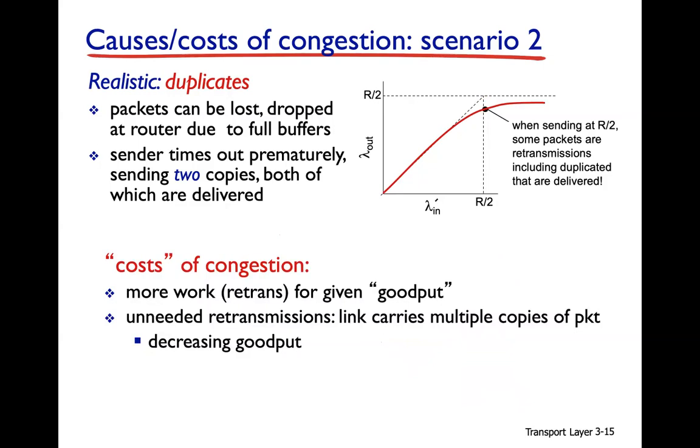Then what we want to see is that the cost of congestion is more work, more retransmission for a given goodput. Need retransmission, the link carries multiple copies of a packet, so it decreases the throughput.